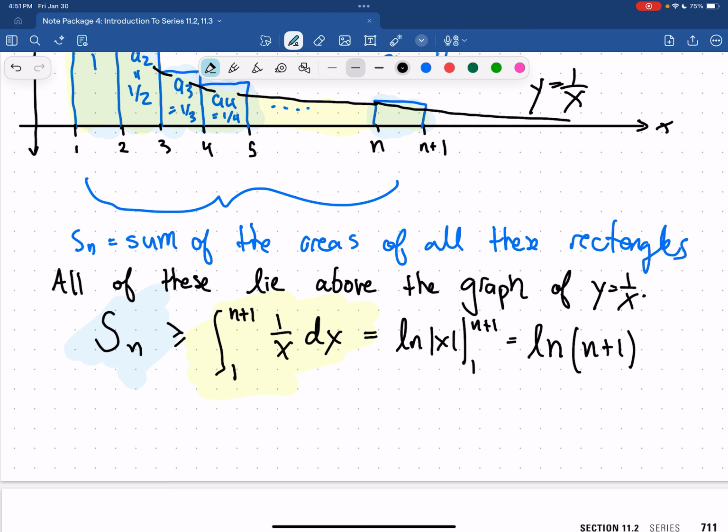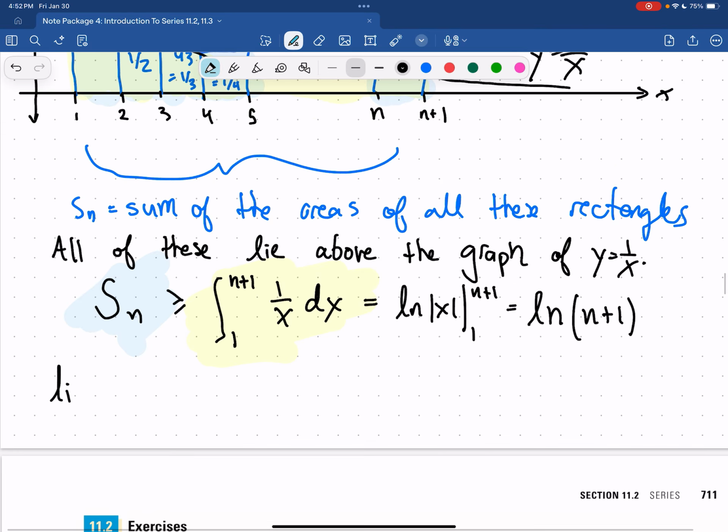Well, we've seen before that if the sum converges, the limit of the sum is the limit of the partial sums, right? And so we can see what we get if we just take the limit as n goes to infinity of both sides of this inequality. So here we've got the limit as n goes to infinity of Sn.